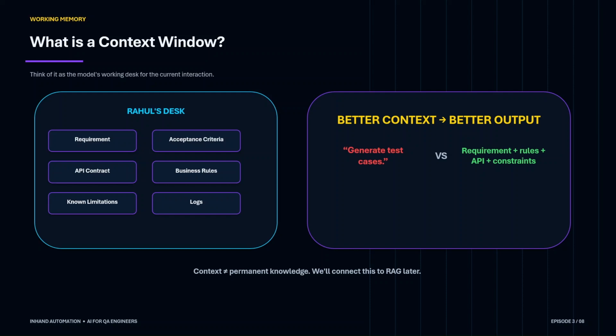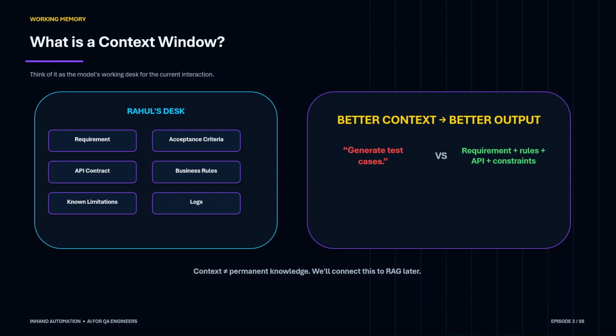Now Rahul makes one mistake. He says, okay, generate the test cases for our company's internal checkout V3 API. But Rahul never provided any documentation about the checkout V3 workflow. The AI still generates an answer, and the answer looks amazing.